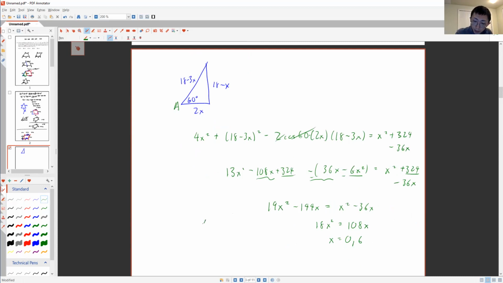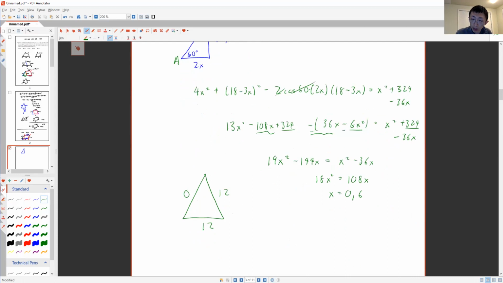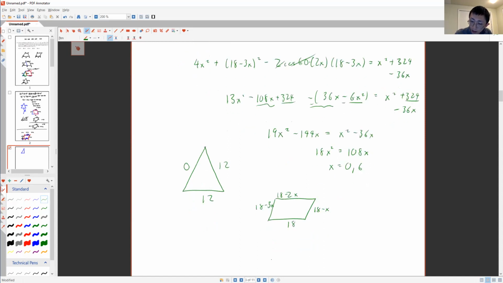Well, if x is 6, then 2x becomes 12. 18 minus x is 12, and 18 minus 3x is 0. So our trapezoid has a leg of length 0. If we draw the original, I think it was like this. So what this tells us is the bottom is 18.